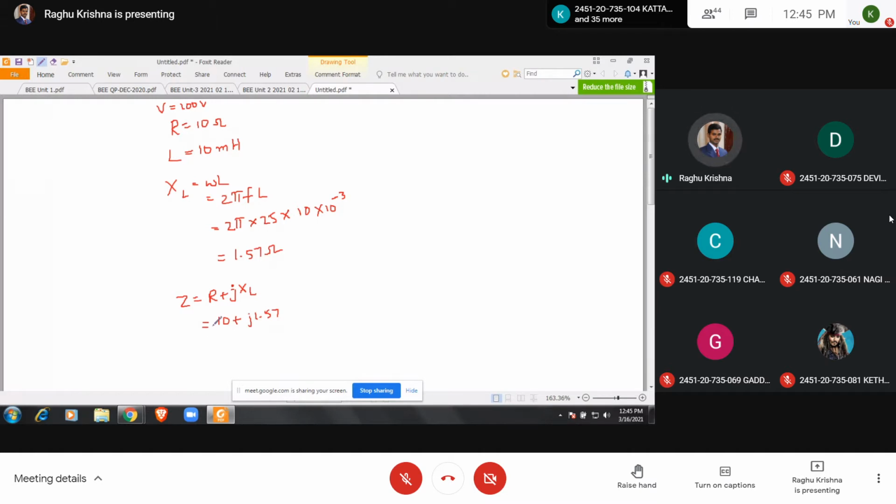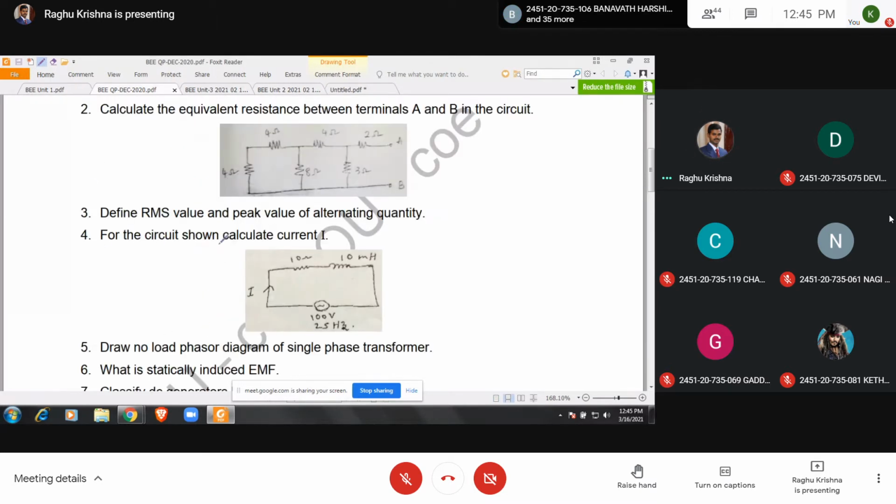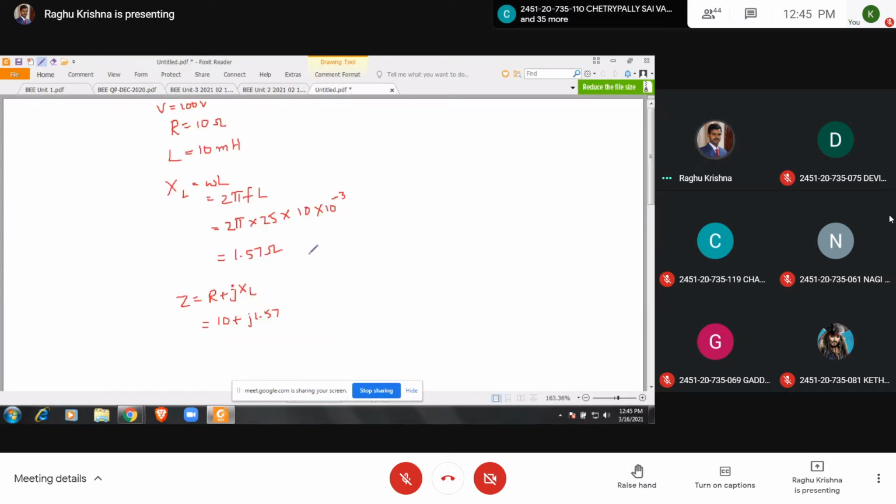In the question it is asked to calculate the current I, so we have to calculate the magnitude of current I. So get the magnitude of Z: under root of 10 square plus 1.57 square. So here what is the value? 10.12 ohms.